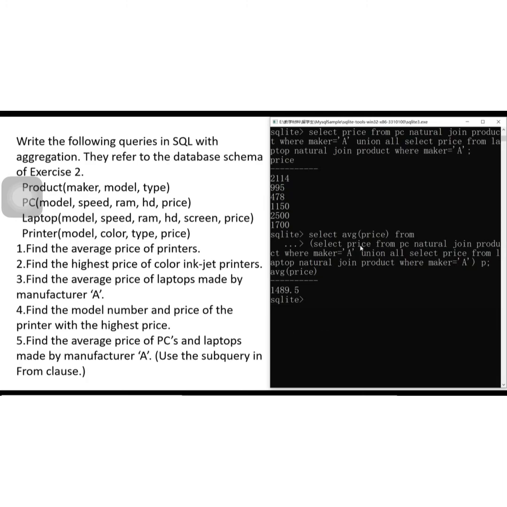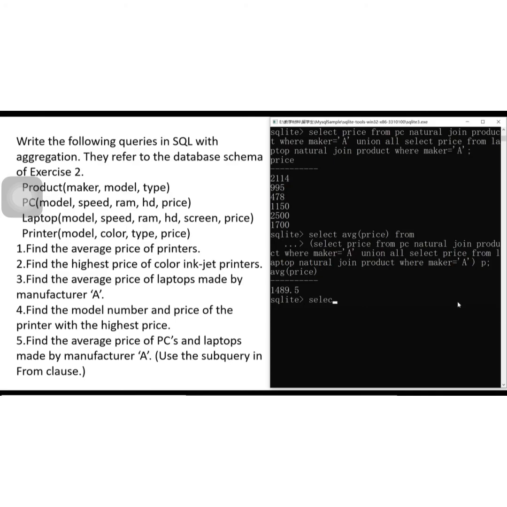Okay, we can also select the model, price of PC union the model, price of laptop, and natural join product and write the condition in the where clause.